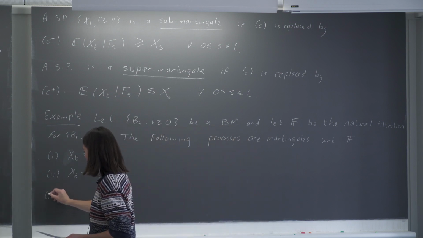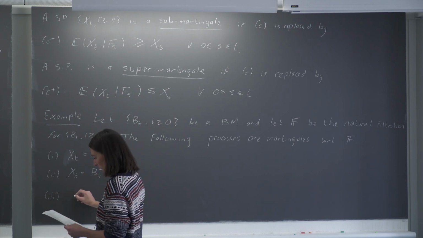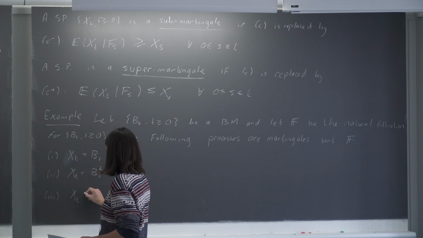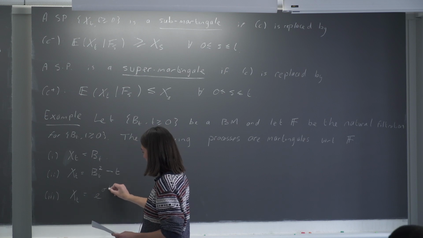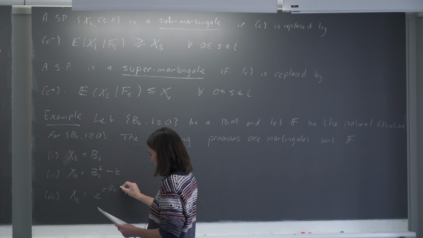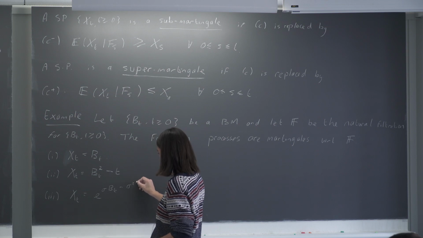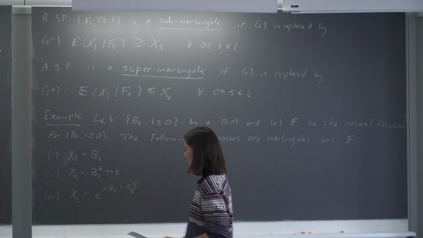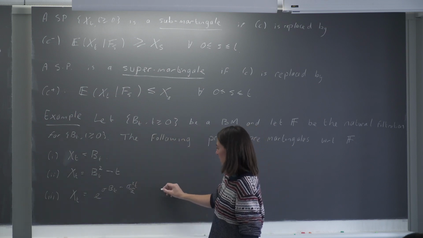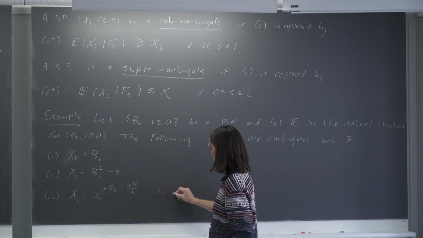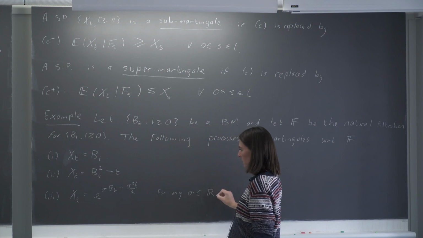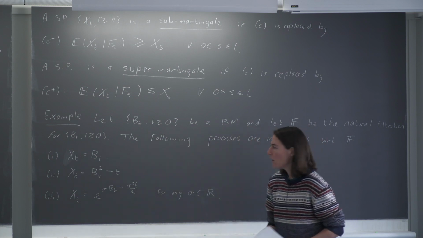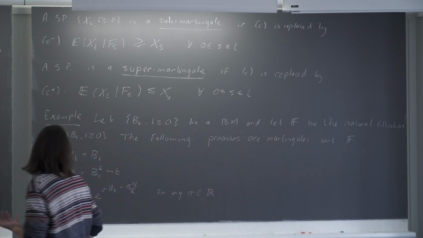And the third example is that if we look at the exponential of sigma Bt minus sigma squared t over 2, that's a martingale for any sigma in the reals.